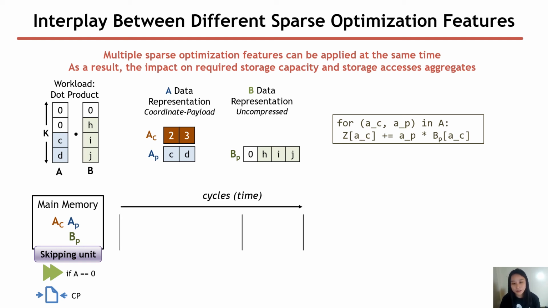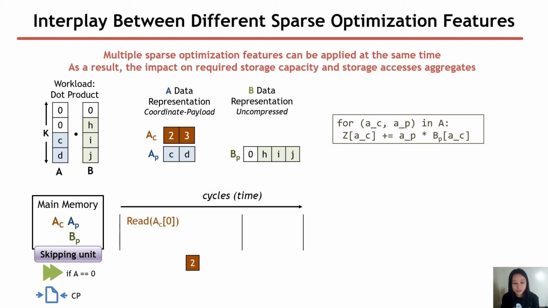So let's see how it works by looking at what happened at each cycle. In the first cycle, we first read out the coordinate of A, and we realize the coordinate is 2. Because we have this skipping optimization on B, which says if the corresponding A element is empty, you try to find the B element that actually makes sense, which means a B element that is used for an effectual operation.